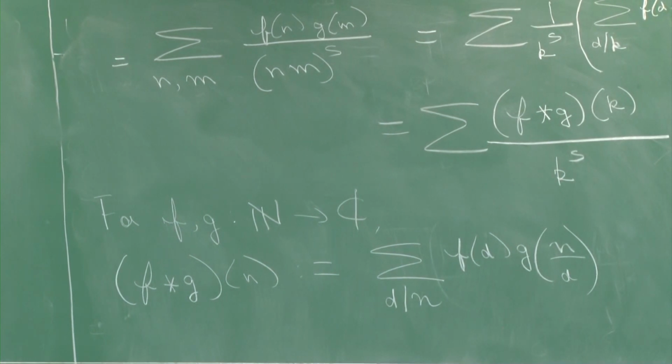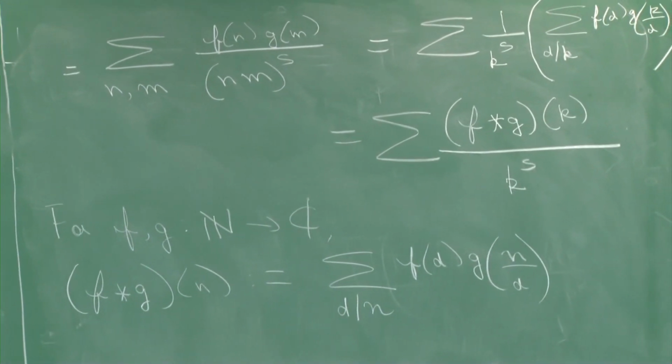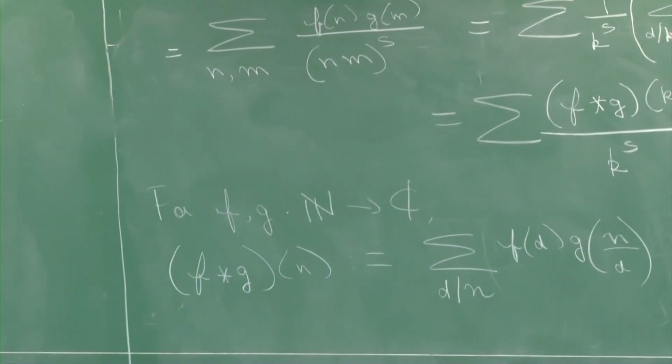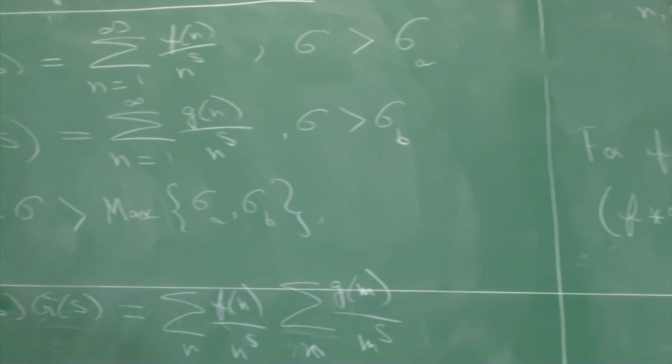This is your Dirichlet convolution, and we just saw the use of Dirichlet convolution. It helps us to give the coefficients for products of two absolutely convergent Dirichlet series.